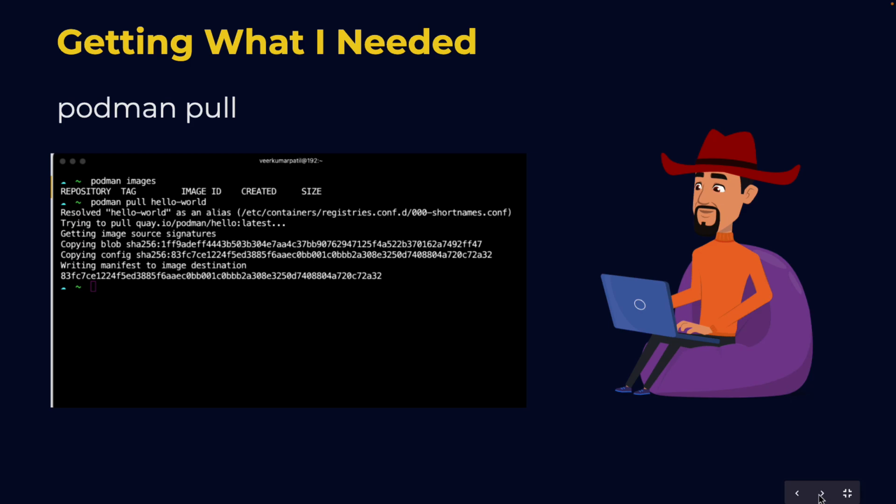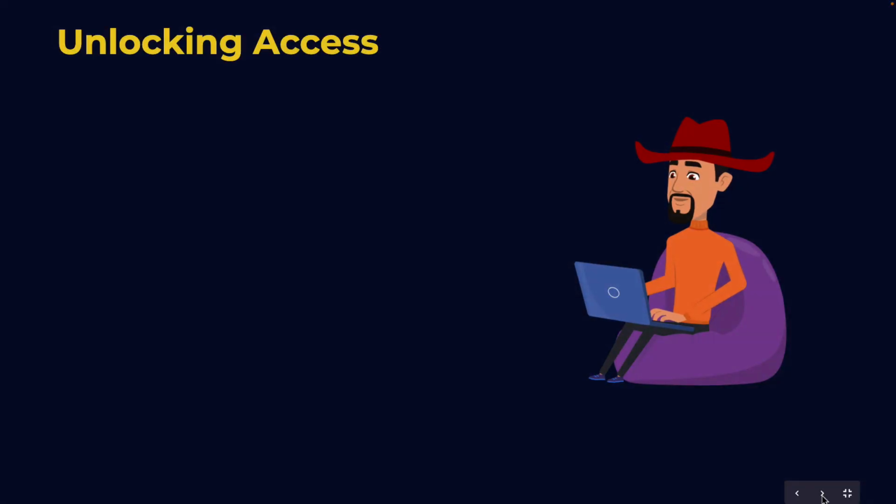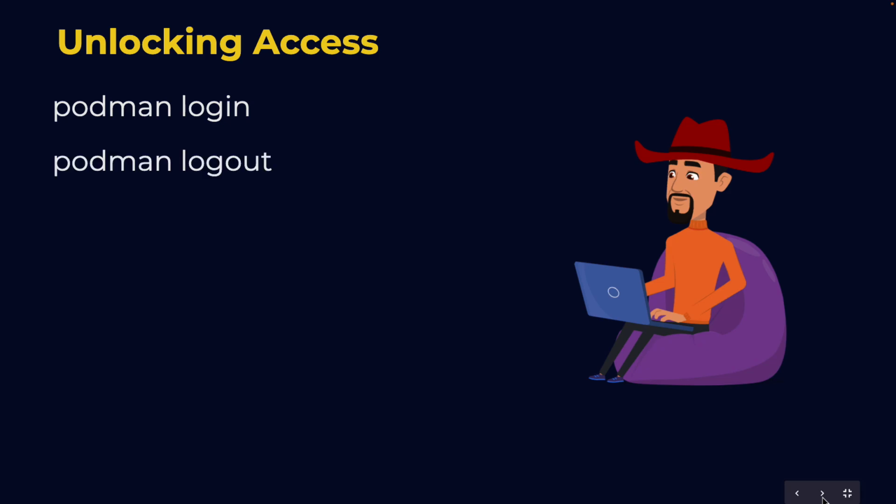For that, Podman provides two commands. One is podman login, which will help you log into the repository. We'll see this in action also. The other is podman logout, which logs you out from your remote repository.